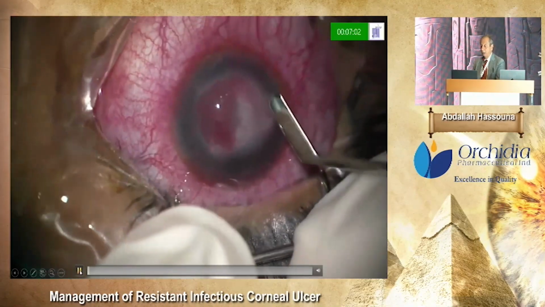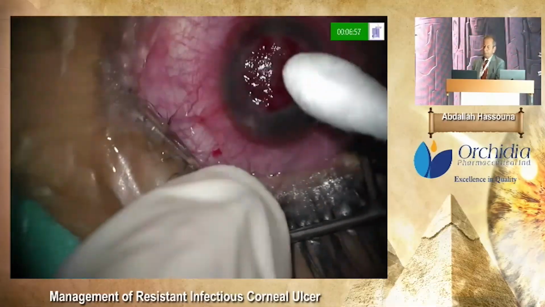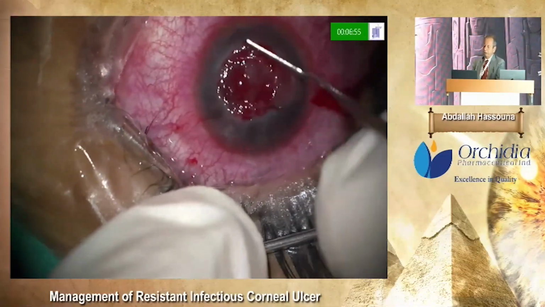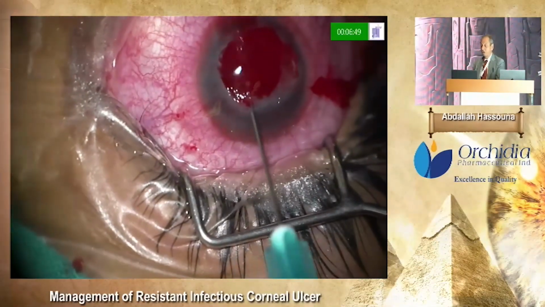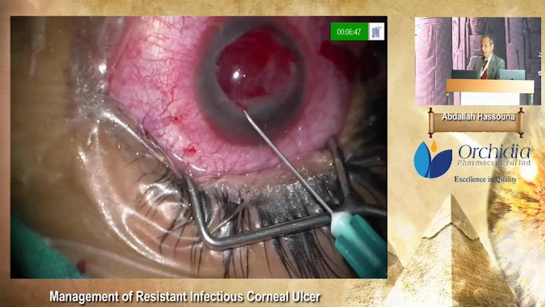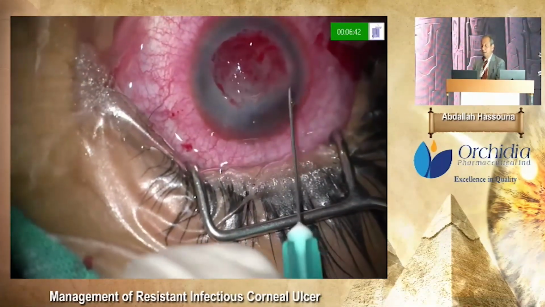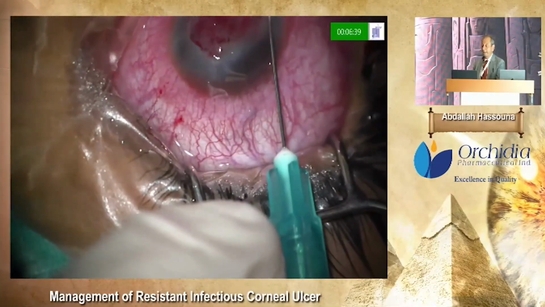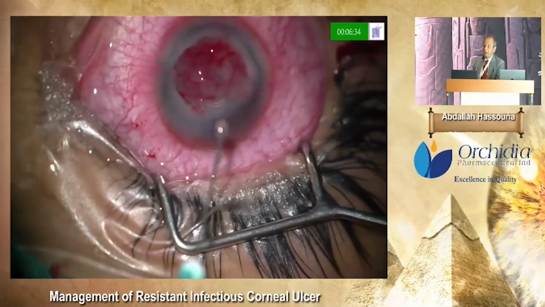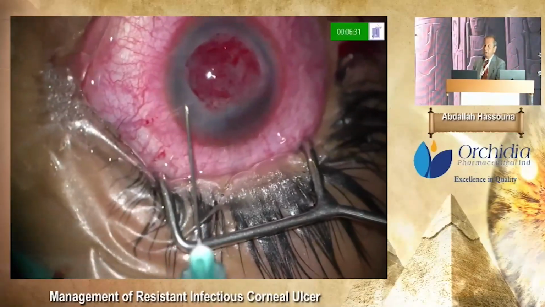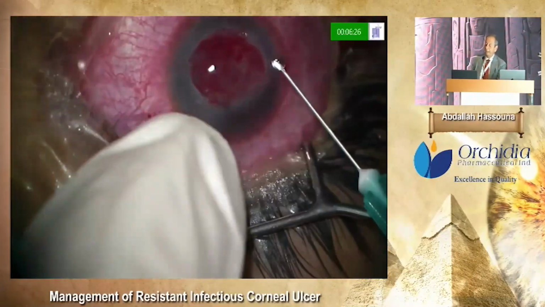First, we scraped the surface to take some specimen for more lab tests and to decrease the brunt of the infection. Then with a 25 gauge syringe, you go from the healthy cornea at the edge of the ulcer, and you inject until you have this blanching, and you go all around the ulcer, and you take care of thinned areas, not to perforate.